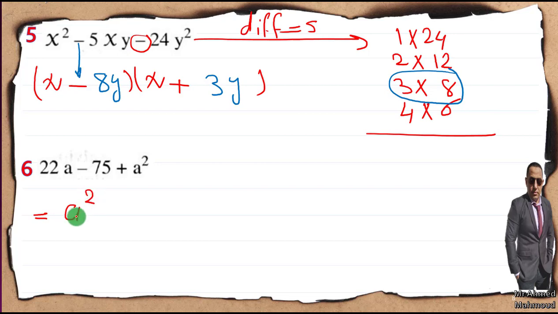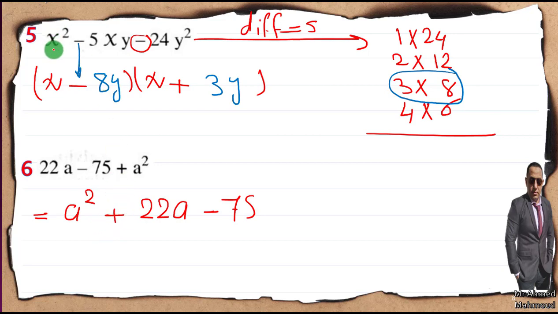a². The next power is 22a to the power 1. It is positive, so I'm going to write plus 22a. And finally, negative 75. So you have to watch the order.